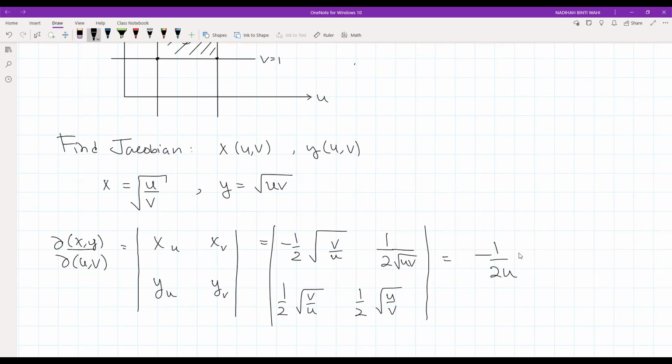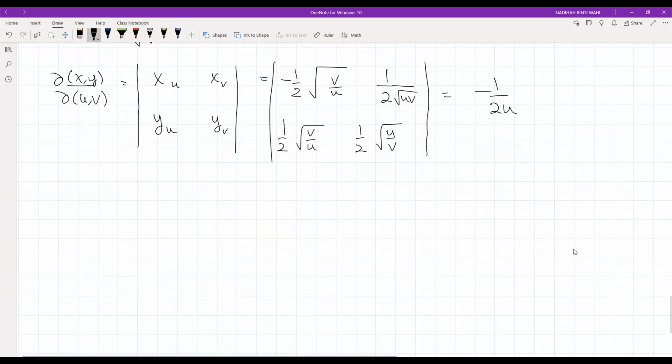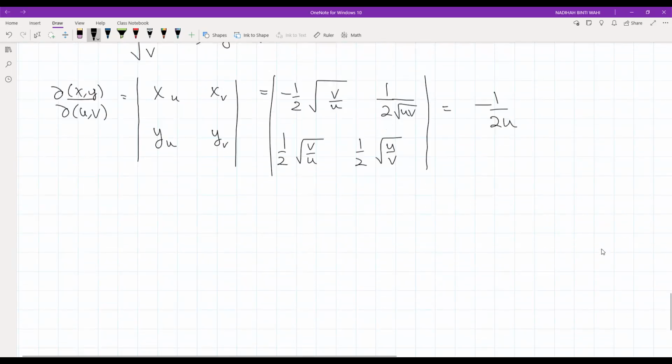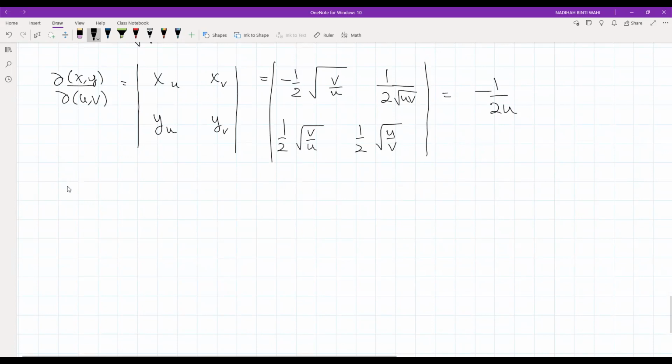Okay, now let's plug into your double integral. So this is the double integral of e^(x y) dA. Now we can put the limit.